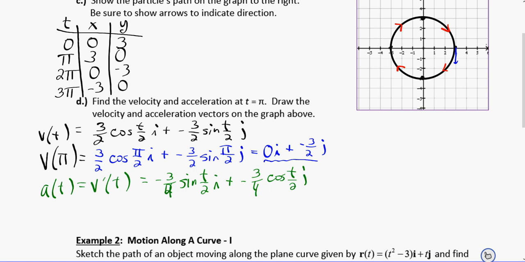Substitute pi in, and we ended up with sine of pi over 2 is 1, negative 3/4 times vector i. I'm going to zero out the vertical component, so I just get negative 3/4 i.